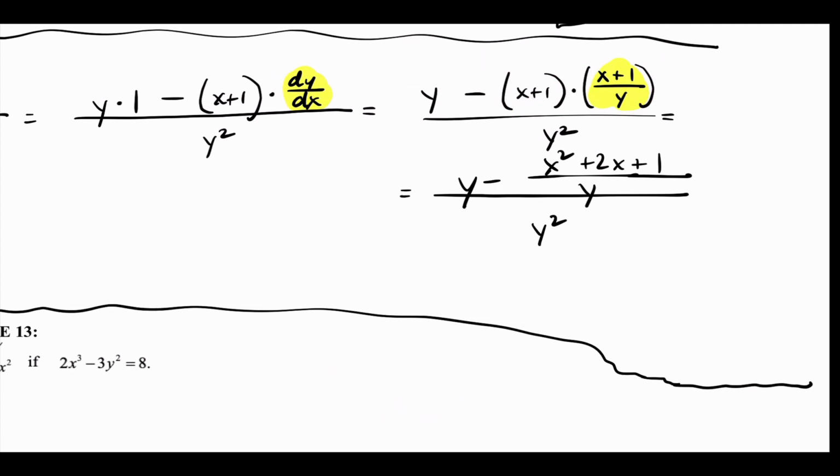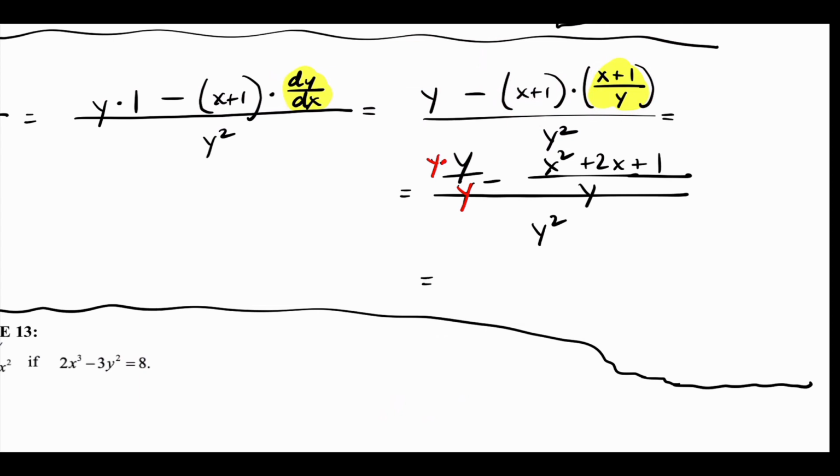Okay. Well, this guy here, I'm going to need common denominators, right? So that top would make y squared. Okay, so let's see what I would get.